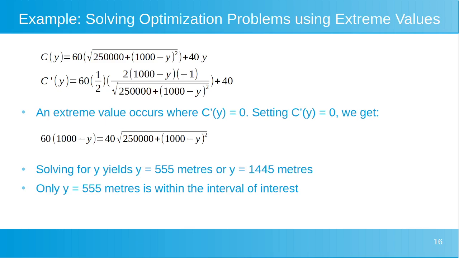We know that a critical point exists where y is equal to 555 meters. So what we can do now is take that y value, sub it back into our total cost function, and find what the total cost is at that critical point. And we know that a critical point is going to give us either a maximum or a minimum value of our function total cost.